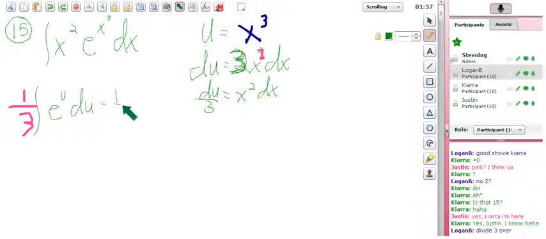So we have 1/3 times, what's the integral of e to the u du? Anybody can jump in there and write it down. Yes, 1/3 e to the x to the third.